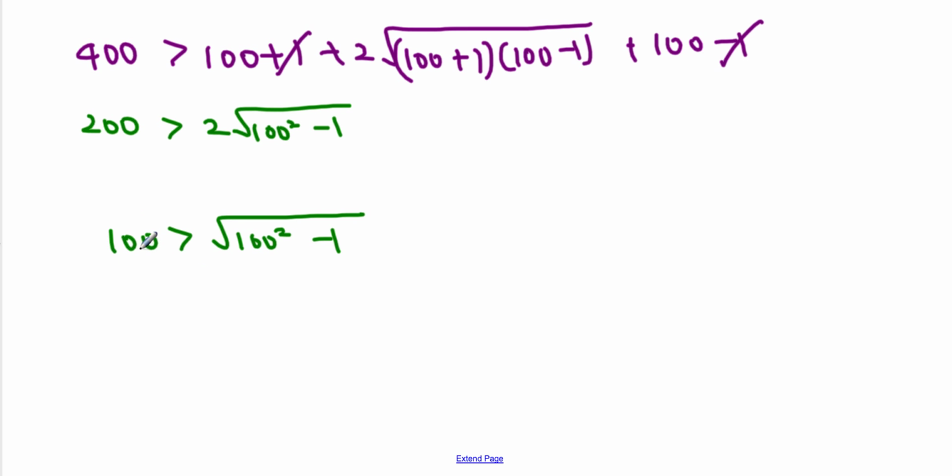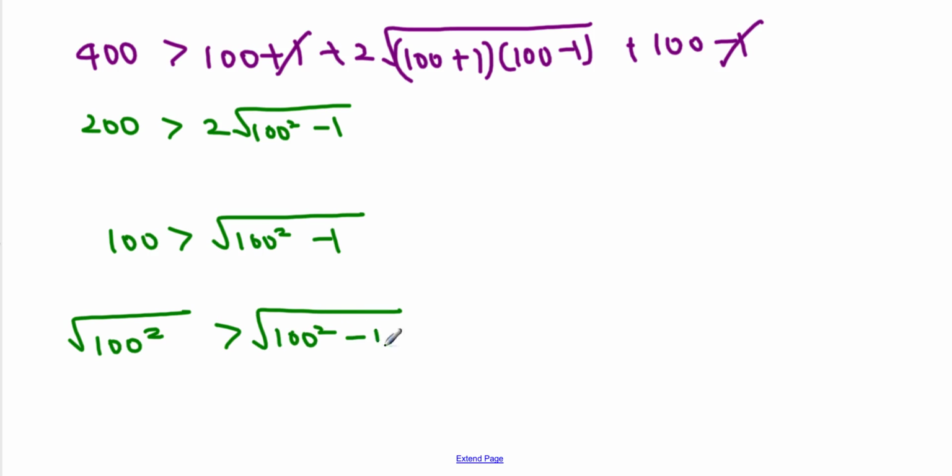If I rewrite 100 as the square root of 100 squared, then the square root of 100 squared has to be greater than the square root of 100 squared minus 1. Obviously, when we subtract 1 from this 100 squared, this portion would be less than this portion. So there it goes. That's how we can show it.